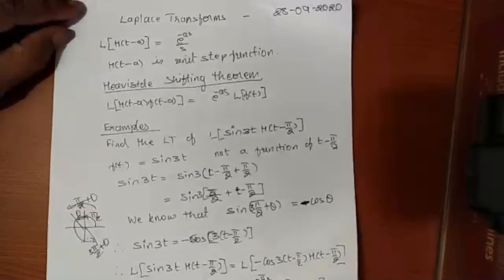The next type of problems which you are going to get in unit step function is conversion of the functions which are having two different values at different intervals of time.